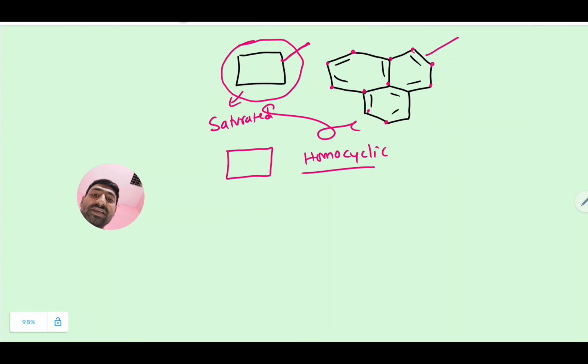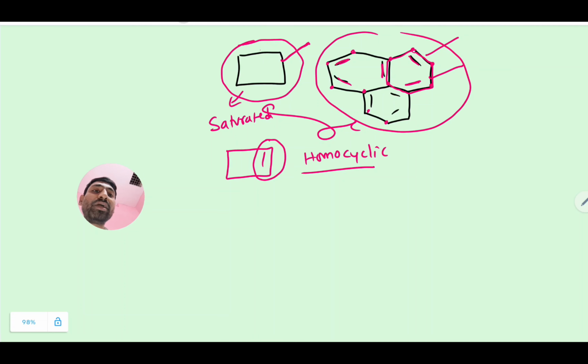If you take a compound like this, it is an unsaturated homocyclic compound. But here, this one contains a benzene ring, so this is called a benzenoid aromatic compound in carbocyclic compounds. This is a carbocyclic compound, and it is aromatic because there is a benzene ring. That's why it is called a benzenoid aromatic carbocyclic compound.